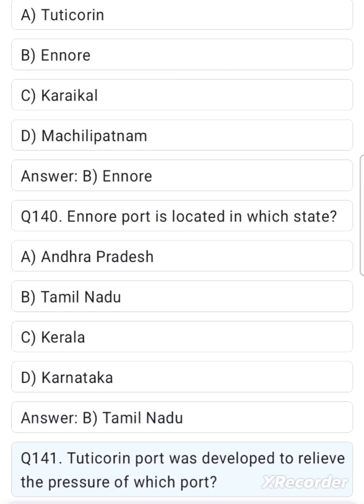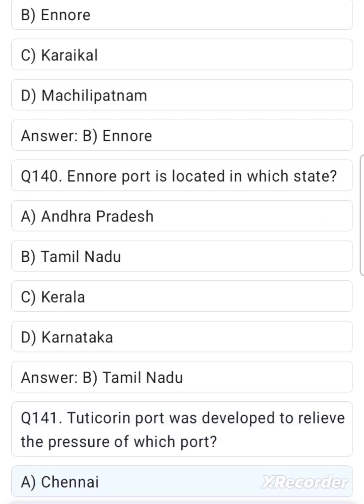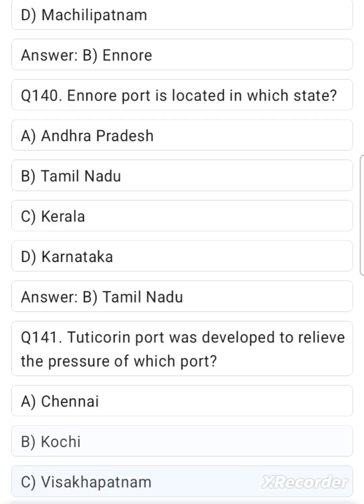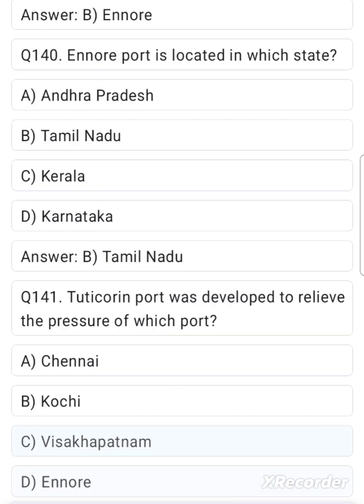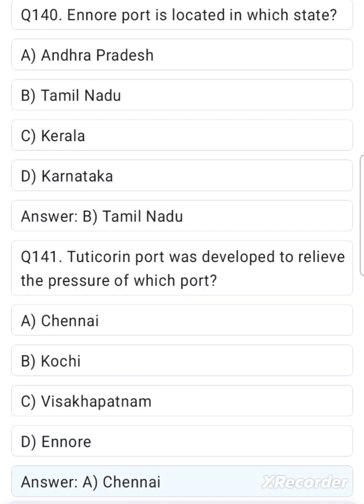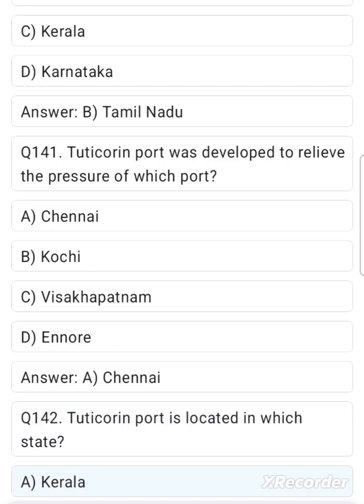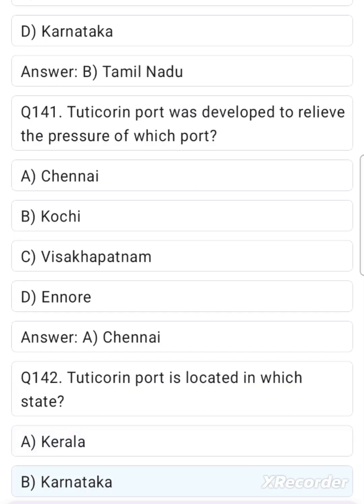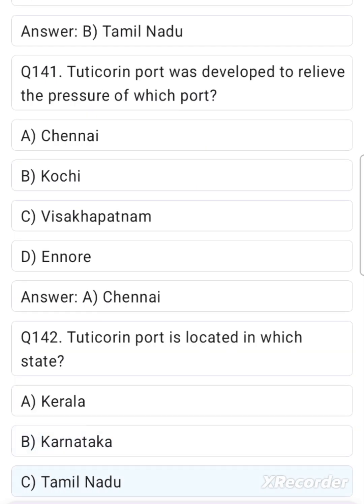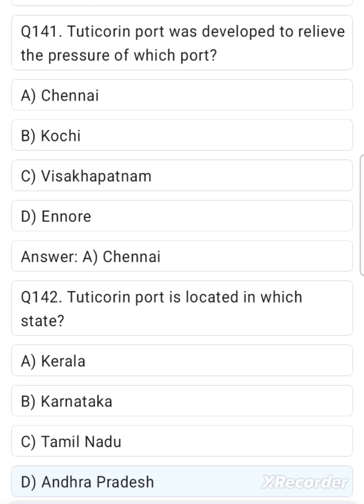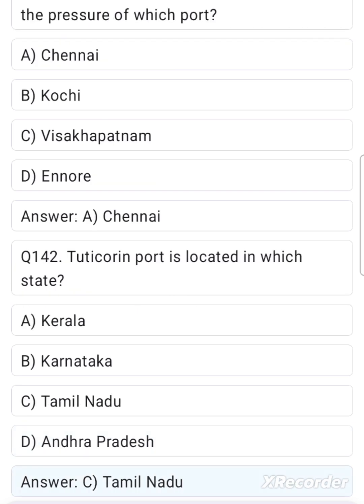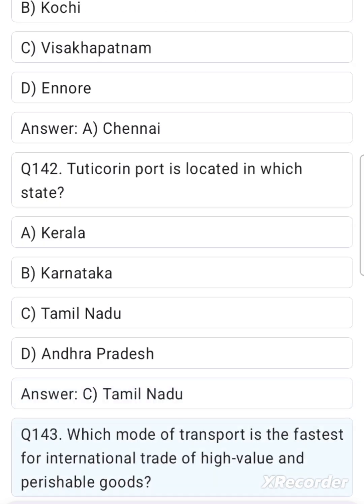Tuticorin port was developed to relieve the pressure of which port? A. Chennai. B. Kochi. C. Vishakhapatnam. D. Ennur. Answer A. Chennai. Q142. Tuticorin port is located in which state? A. Kerala. B. Karnataka. C. Tamil Nadu. D. Andhra Pradesh. Answer C. Tamil Nadu.